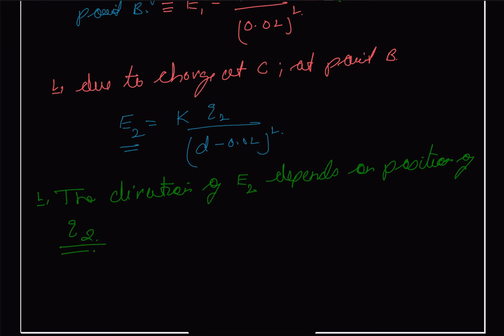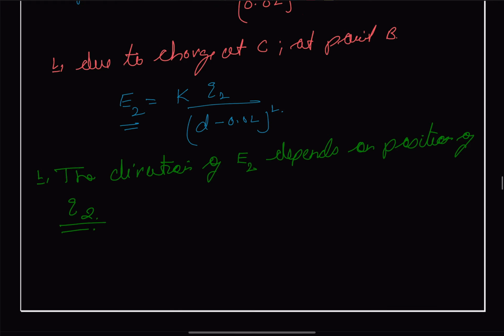Which means that if our d is greater than 0.02, then Q2 is to the right.